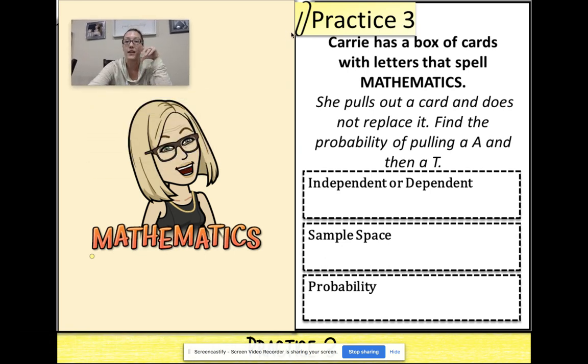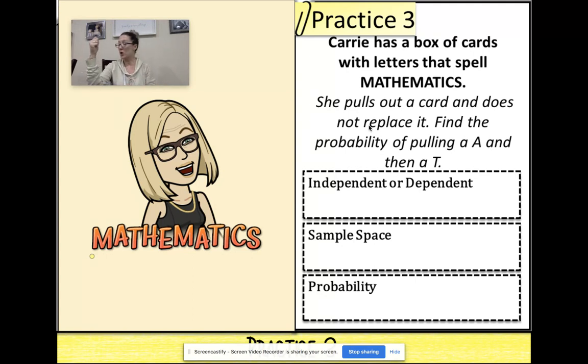Sorry about that. All right, so Carrie has a box of cards with letters that spell mathematics. She pulls out a card and does not replace it. So we need to find a probability of pulling an A and then pulling a T. So notice she does not replace it. So she's got a box of cards.